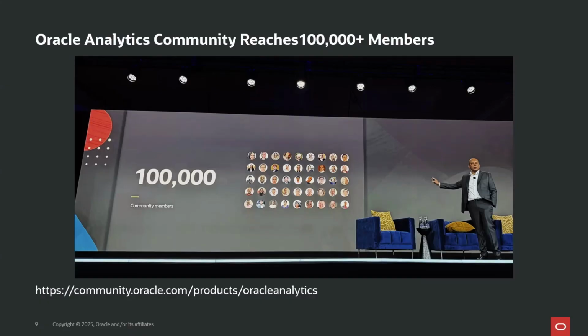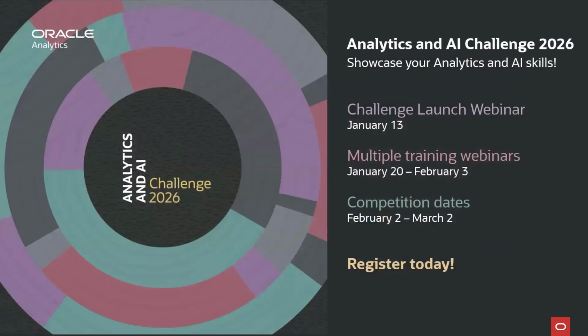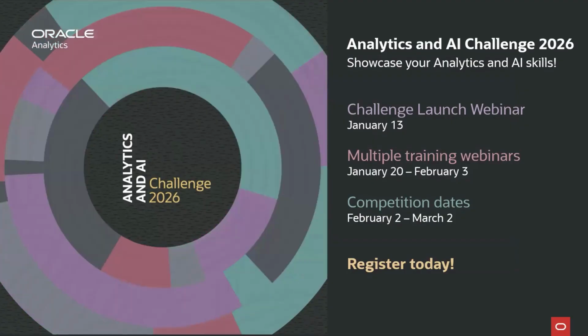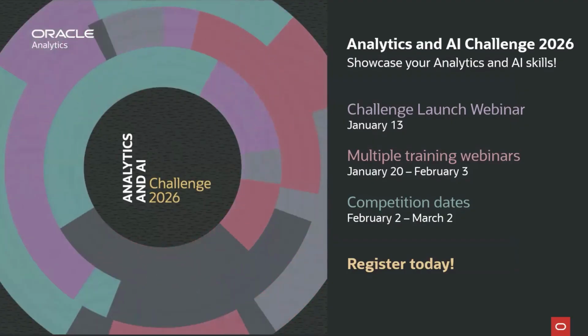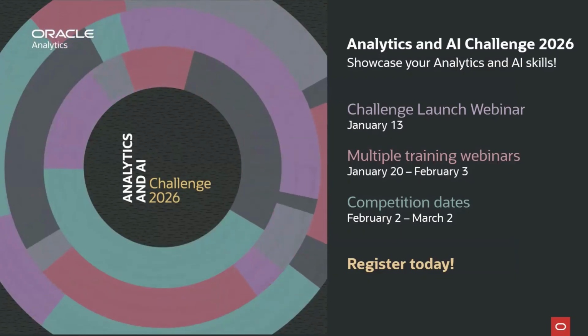On the next slide, we have one big thing we are launching. I think it's in February now, the 2nd. You can see we will have a launch webinar on January 13th. We will have different training to help you do the best data visualization. And then the competition starts February 2nd until March 2nd, so one full month.